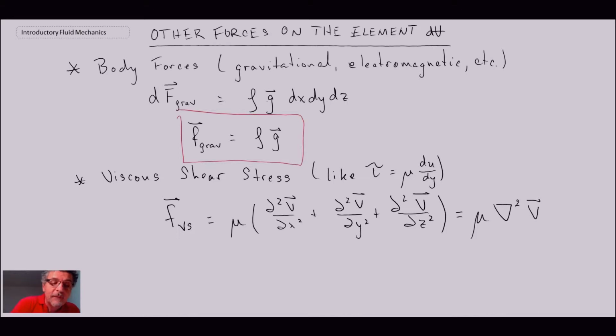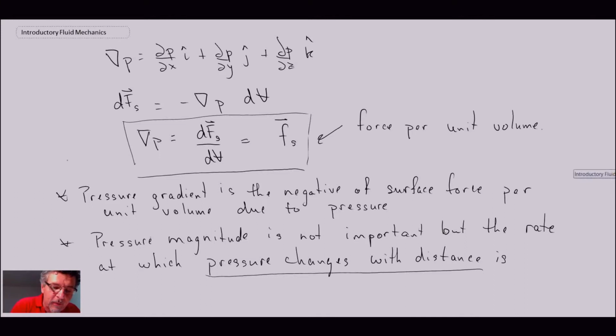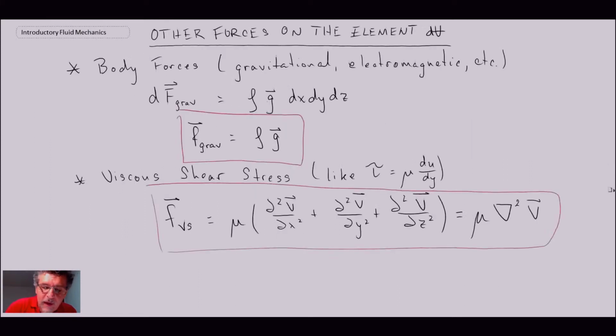So with that, we have the other forces that can be acting on our fluid elements. Now we're going to combine them all together. If you recall earlier, this is what we had for the pressure: the gradient of pressure was the surface force. Then we have this new force for the body force and the viscous shear. Let's put those all together and sum forces.